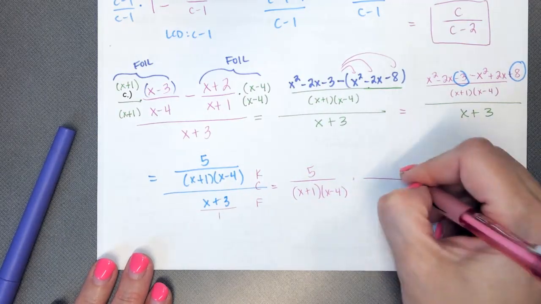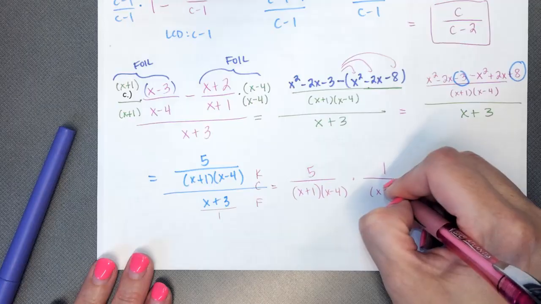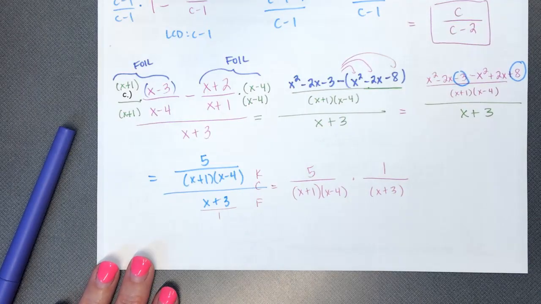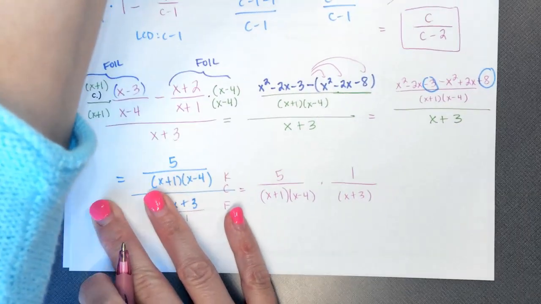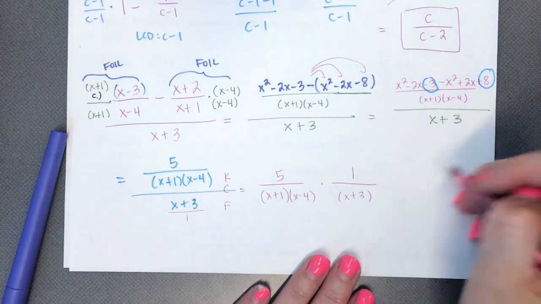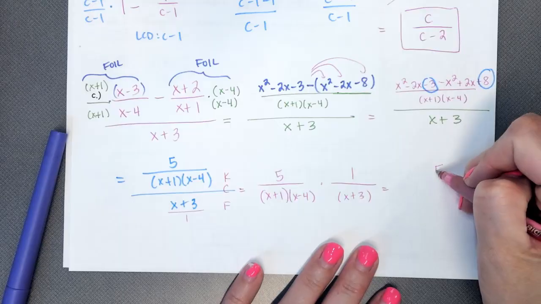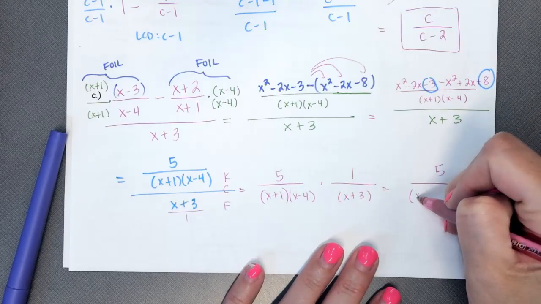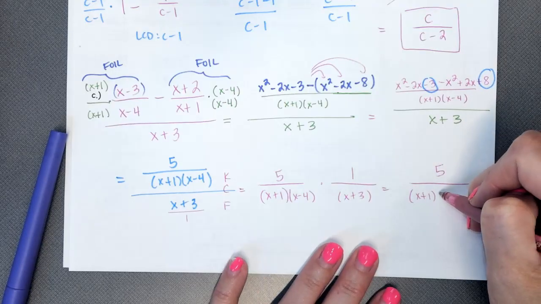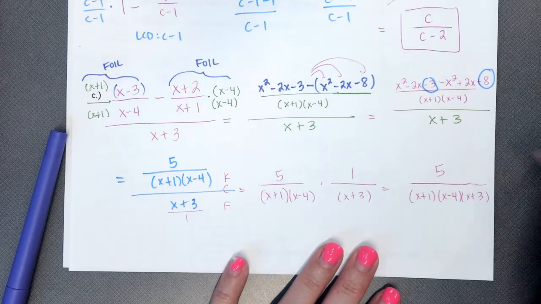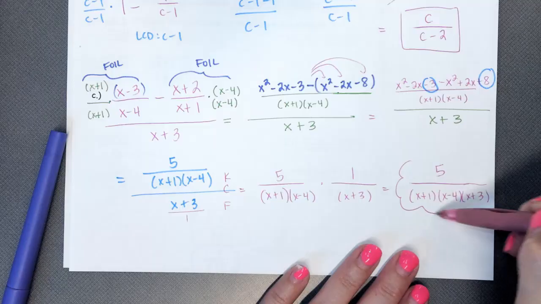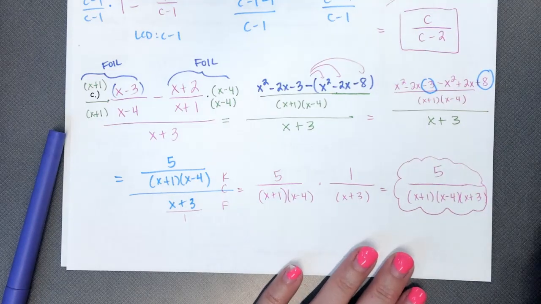So when you do the flip, the x plus 3 ends up in the denominator, okay? Or think about multiplying by the reciprocal, you're going to put that 1 over it, okay? So then your final answer is going to be 5 over x plus 1 times x minus 4 times x plus 3. Okay, and that is going to be your final answer.